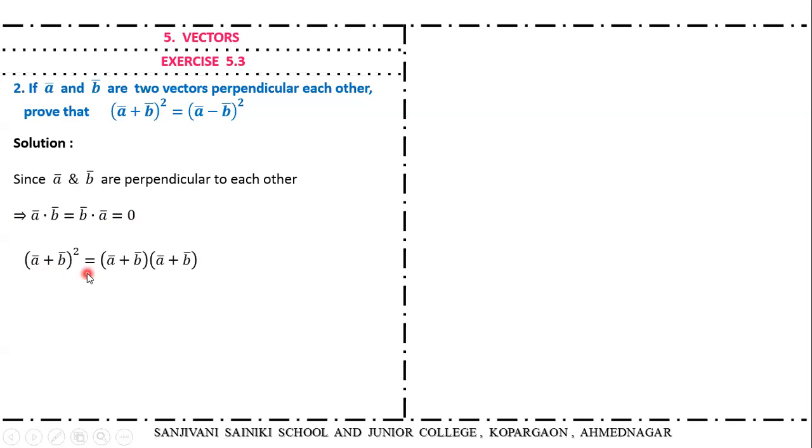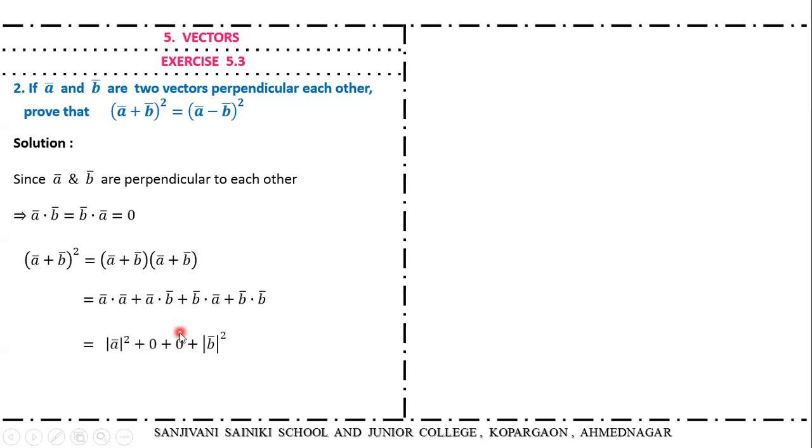Now a bar plus b bar bracket square can be written as a bar plus b bar dot a bar plus b bar. Dot product with itself is the square. So a bar dot a bar plus a bar dot b bar plus b bar dot a bar plus b bar dot b bar.